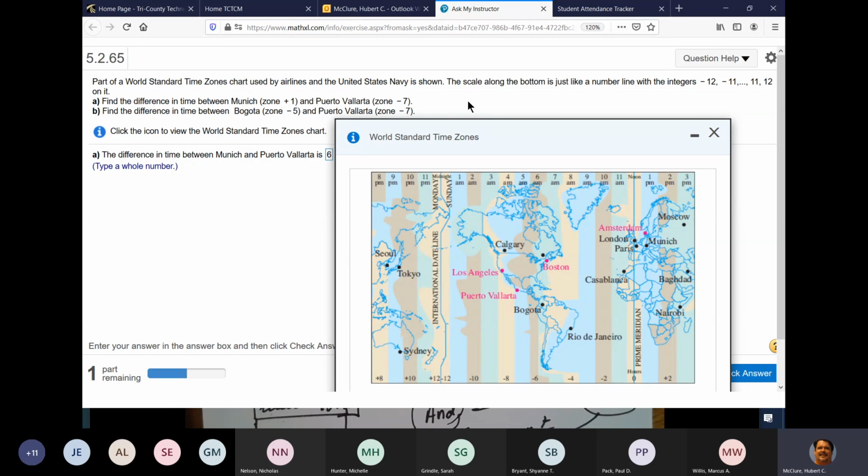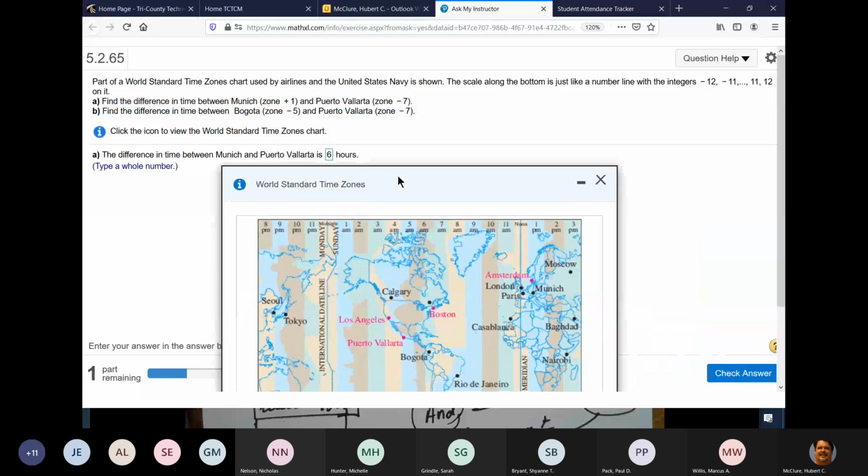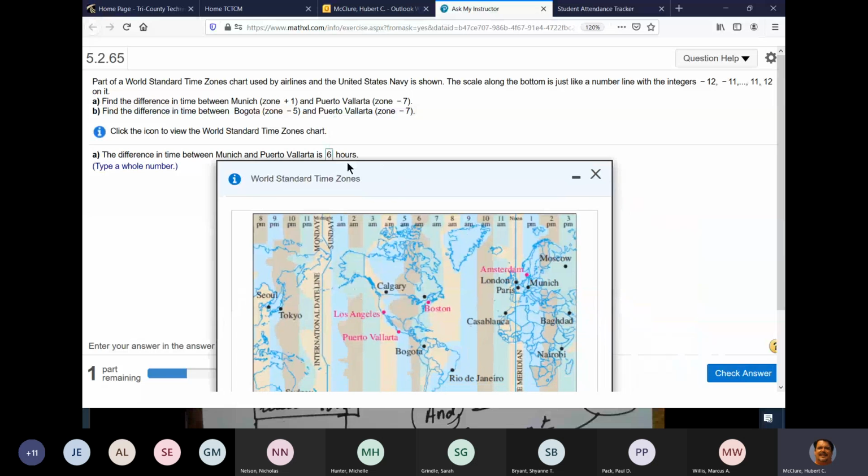Just ask yourself this: you owe somebody $7. You give them $1. What is the answer? -6, right? But can time be negative? Yes or no? No. I would say 6 hours.